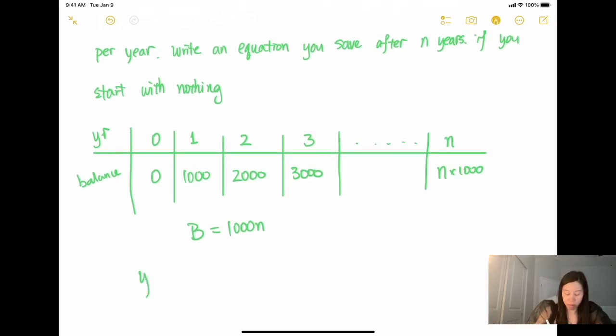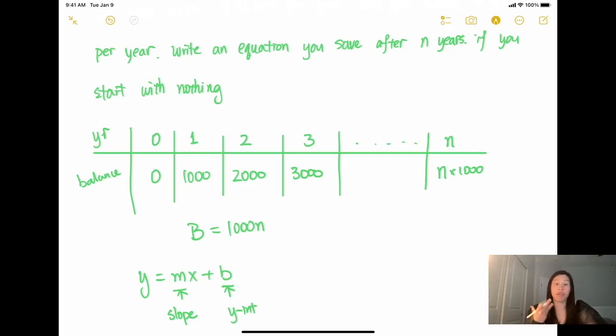They are in the form y = mx + b, where m is the slope and b is the y-intercept, or where you started. Since we started with nothing, our y-intercept, our starting point, is 0, so that's why we add 0 here. This is the slope-intercept form of a linear equation.